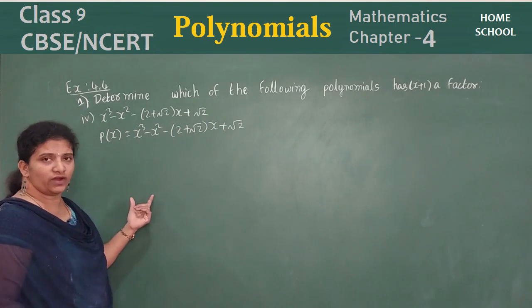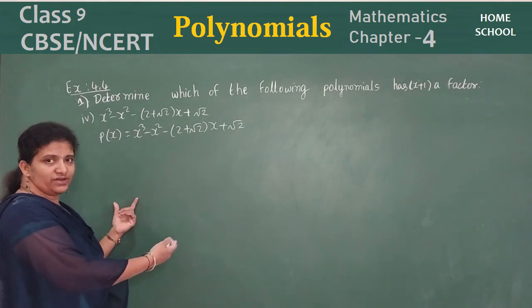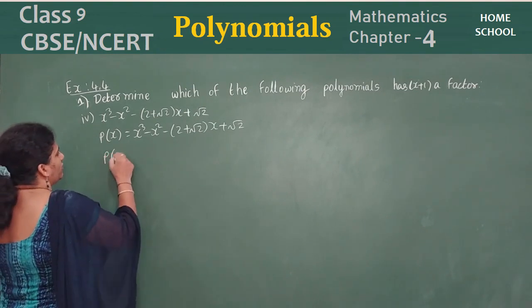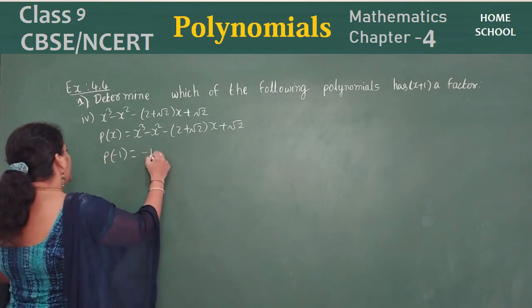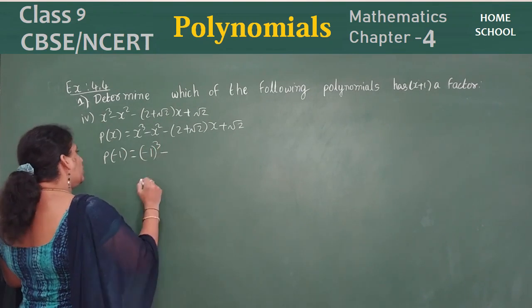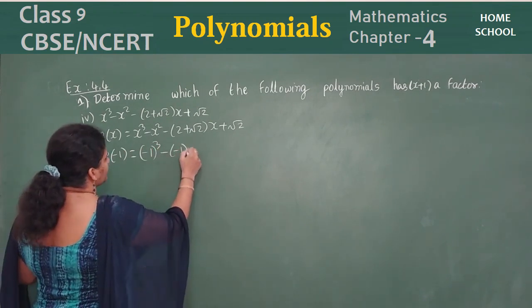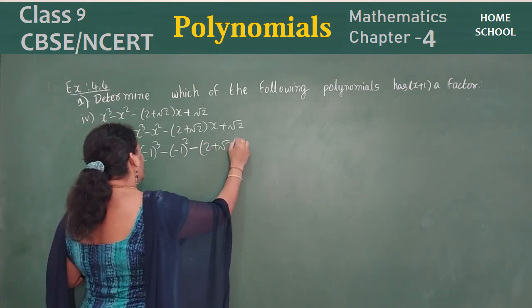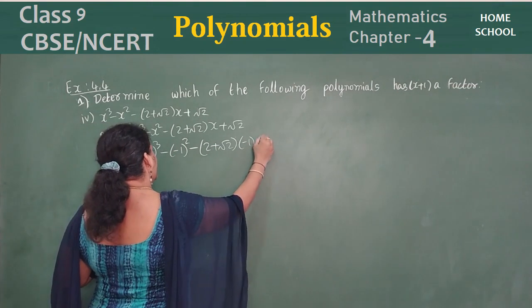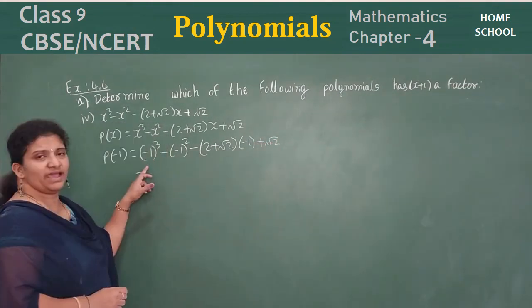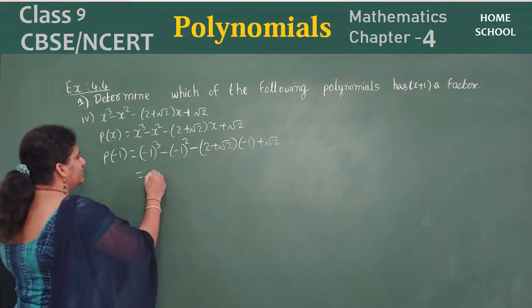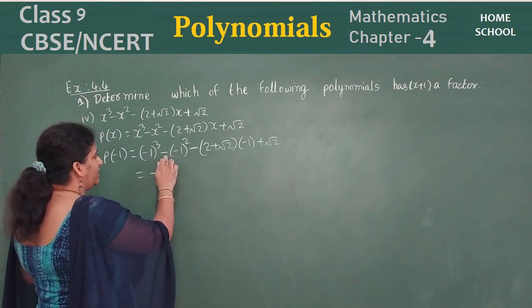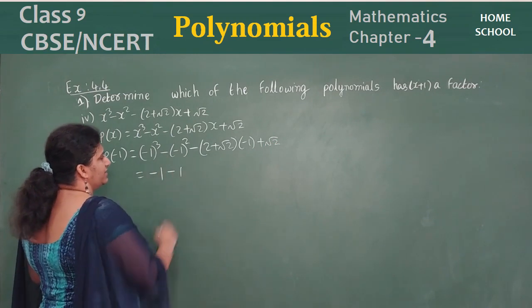Same 4 lines what we have done in our last 3 problems, you have to continue here and substitute x equal to minus 1. Then that will be minus 1 whole cube minus 1 whole square minus 2 plus root 2 into minus 1 plus root 2. Minus 1 if multiplied 3 times, minus 1. Minus 1 if multiplied 2 times, plus 1. And plus into minus, minus 1.